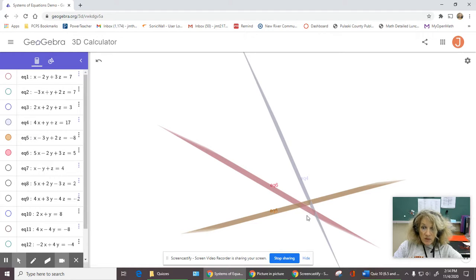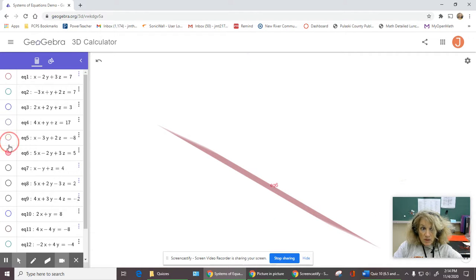But in no place do they all 3 intersect. So this would be the case where we had no solutions, because in order for it to be a solution to this 3 by 3 system, there has to be at least one point that they all share. So this is your no solution case.